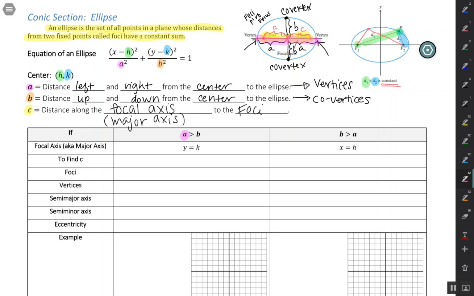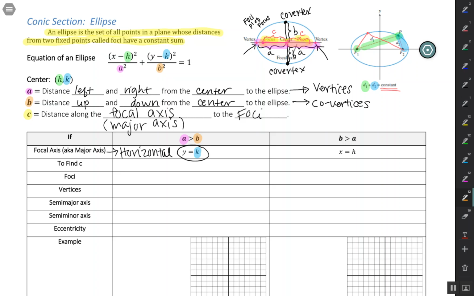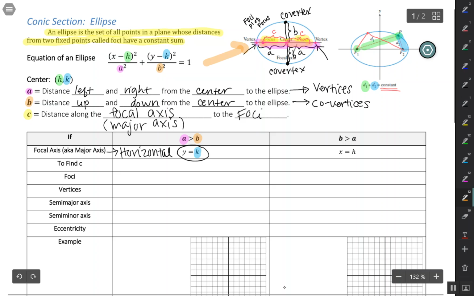If a is greater than b, then that means your focal axis is going to be horizontal. Specifically, the equation is y equals k, whatever k is. I forgot to highlight b here. So basically, it's wider than it is taller. It looks like the pictures that you see right here.